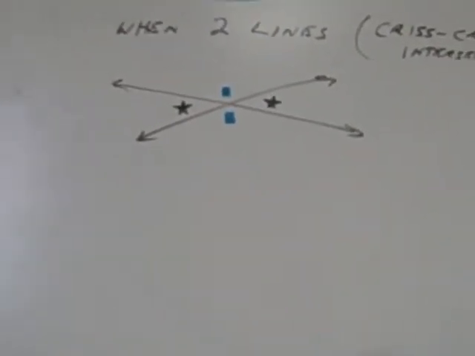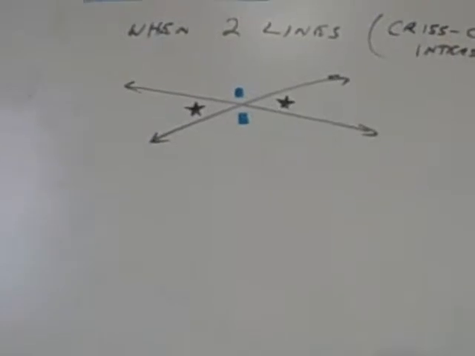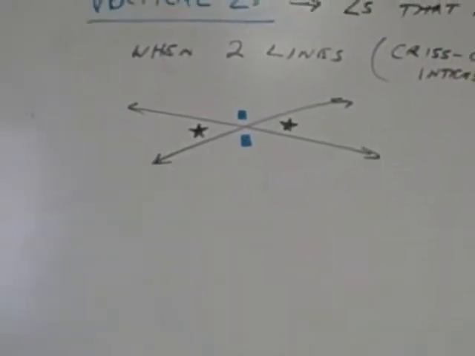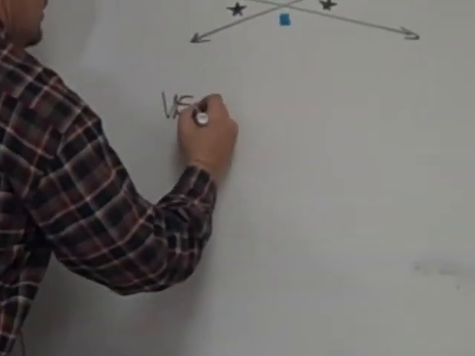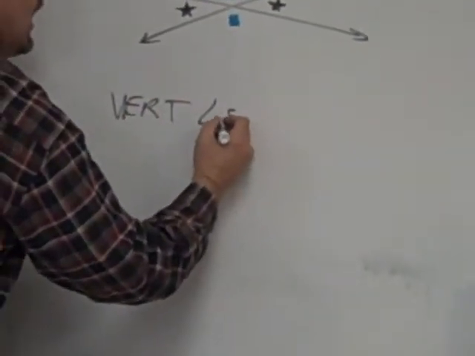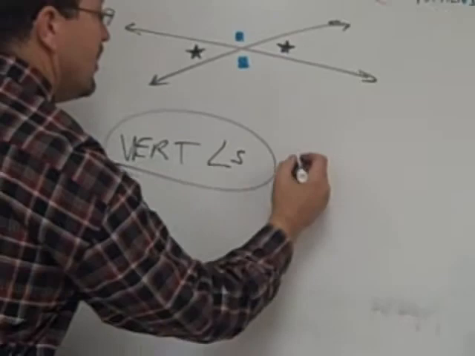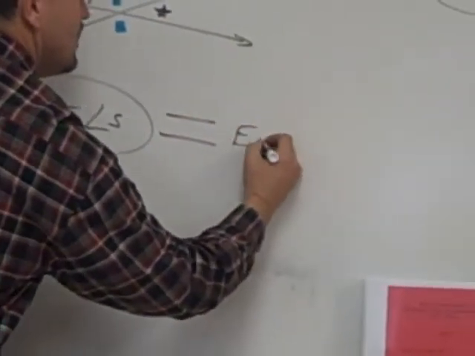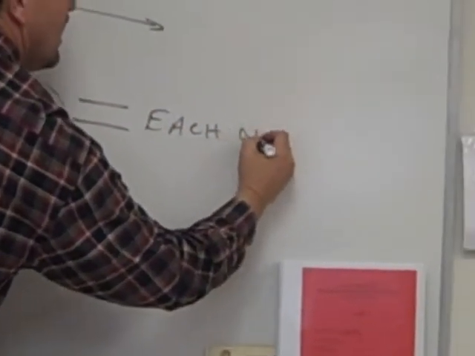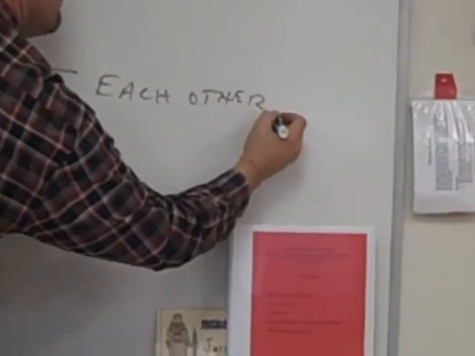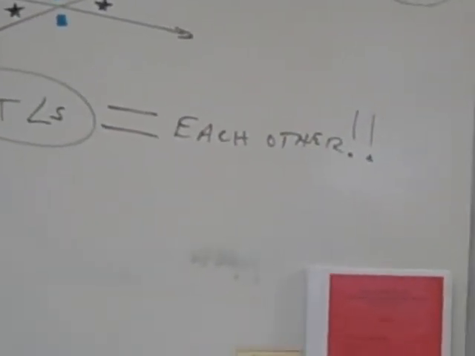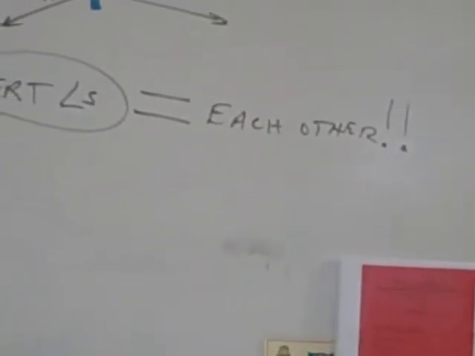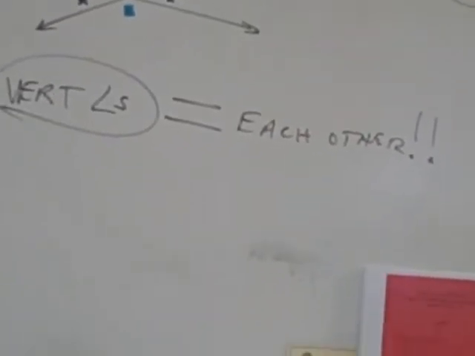Okay? Now, vertical angles equal each other. Vertical angles equal each other.